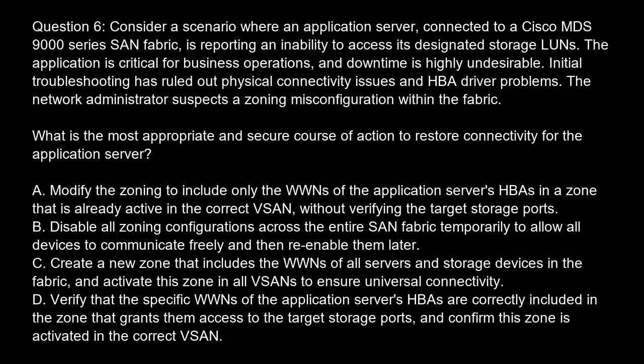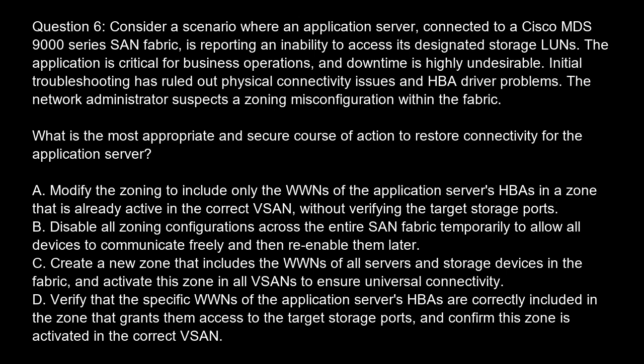Option A. Modify the zoning to include only the WWNs of the application server's HBAs in a zone that is already active in the correct vSAN, without verifying the target storage ports. Option B. Disable all zoning configurations across the entire SAN fabric temporarily to allow all devices to communicate freely, and then re-enable them later.